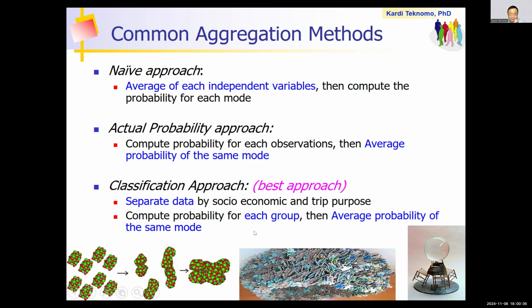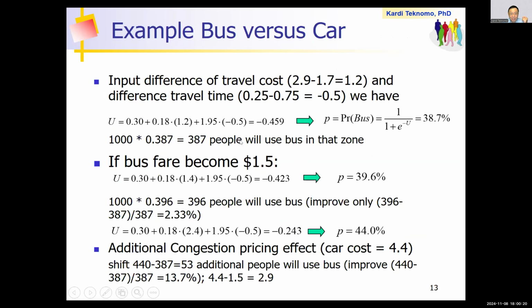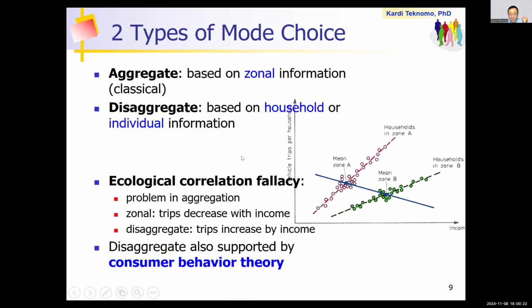So if you just aggregate everything at once, you get a problem similar to ecological correlation, because you aggregate first, then you lose information. The problem here is once you aggregate, you lose information.